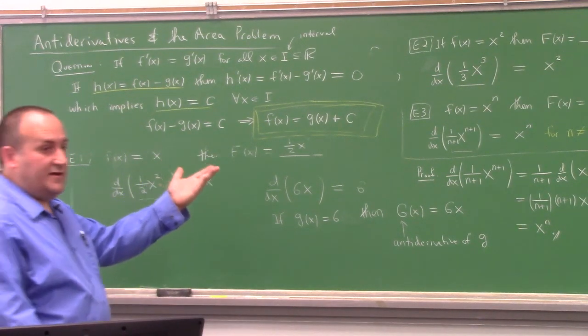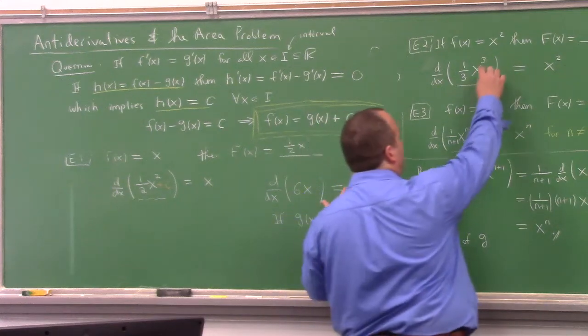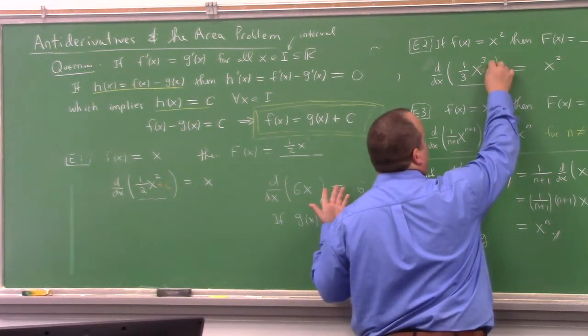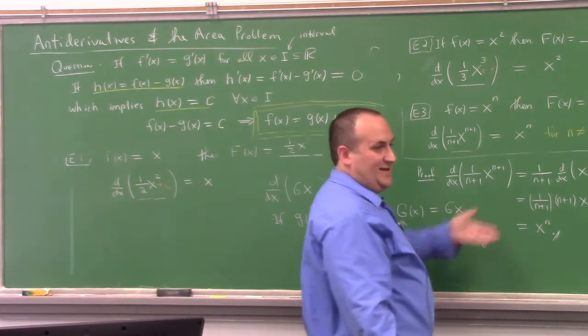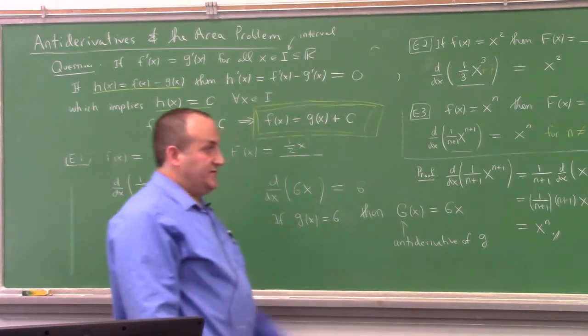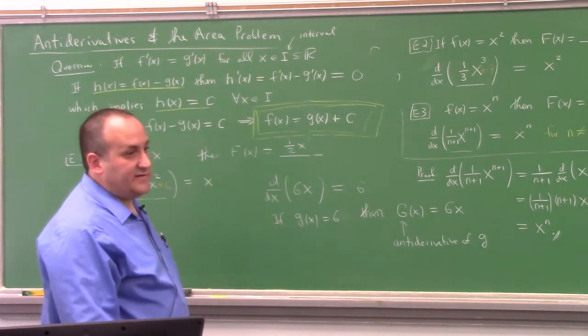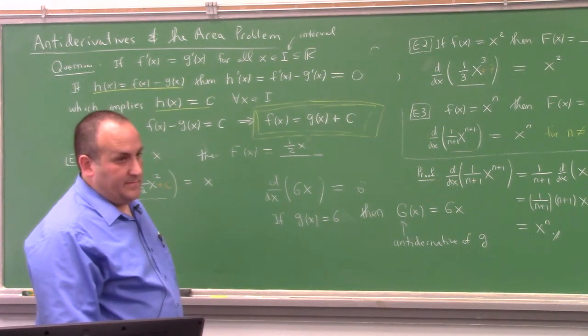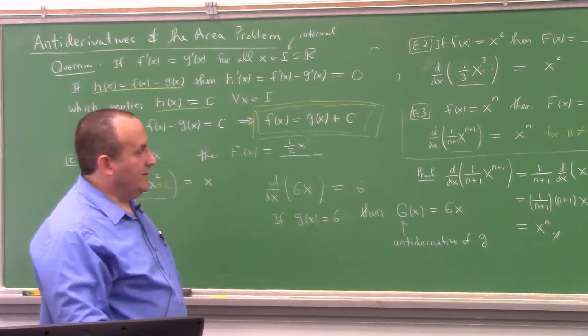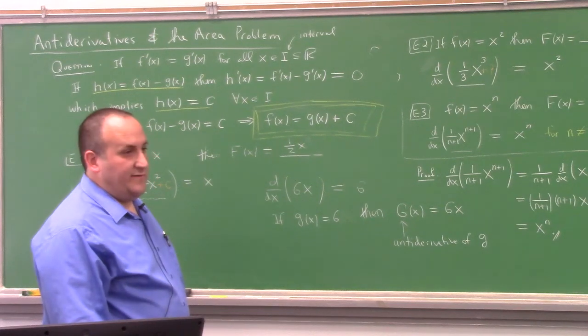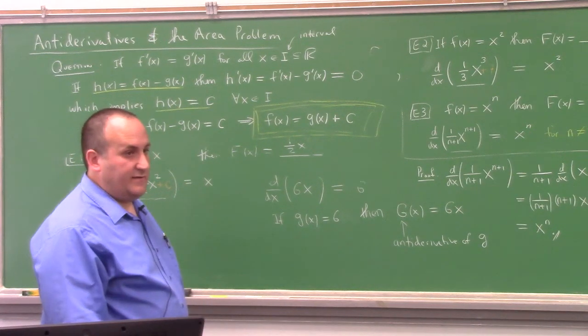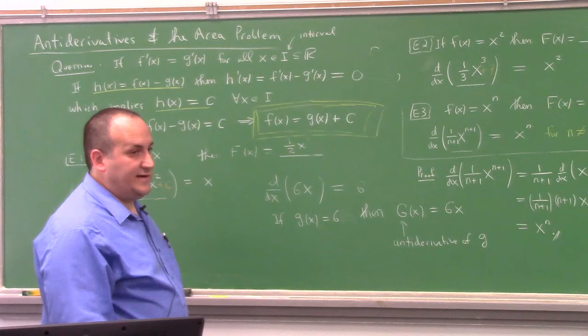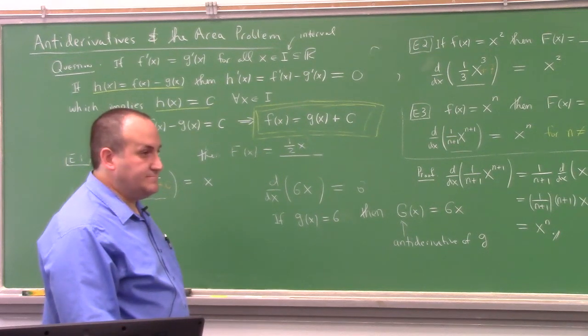Example 2, I could have added a constant here, like 7, just to be specific. It would still have been true. The derivative of 1/3 x cubed plus 7 is still x squared. We have freedom to add whatever constant we want to an antiderivative and still have an antiderivative for the given function. That's what this theorem means to us.